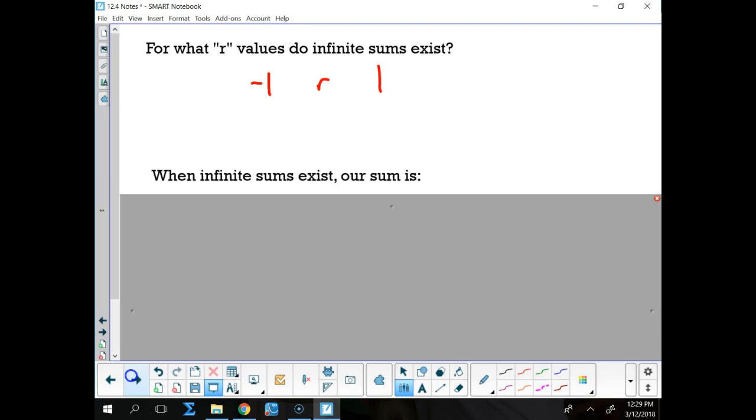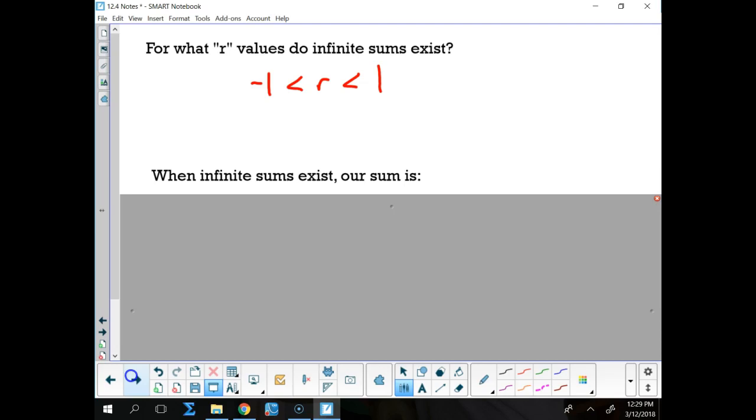No. Can it be equal to negative 1? No, because that wouldn't converge either. So our R value has to be in between there. Anywhere else, and what about the sum? There is no sum. Anything else and the sum does not exist.